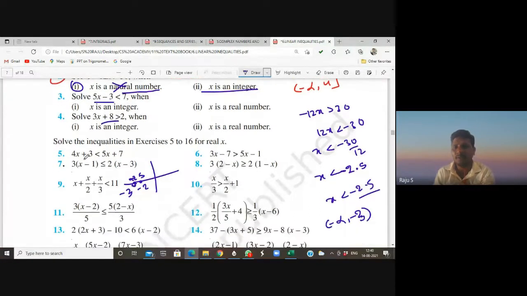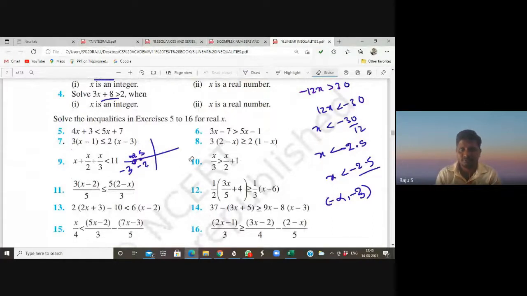Coming to the fifth one. Please students, in the fifth one we want to find the x value. For that, what shall we do? Take 4x to the right side, 7 to the left side. So 3 minus 7 is lesser than 5x minus 4x.